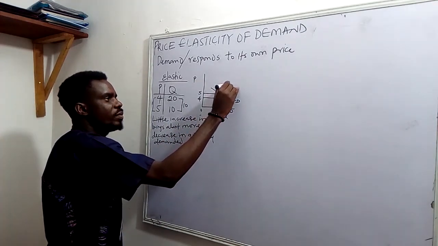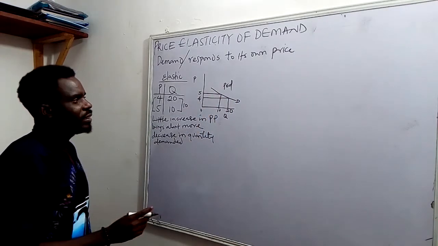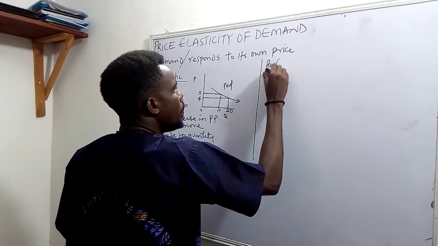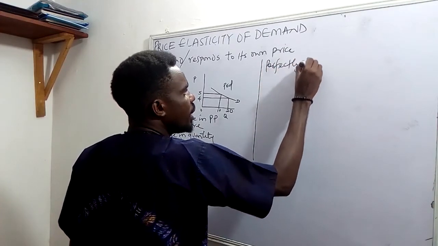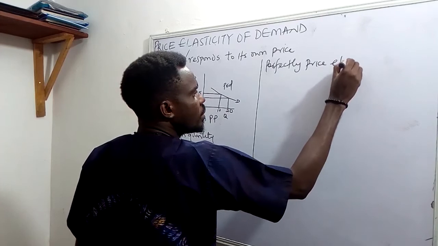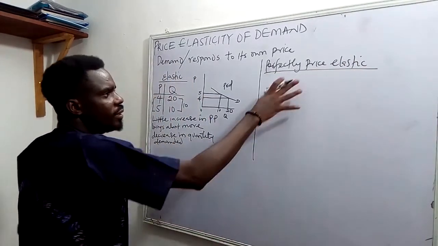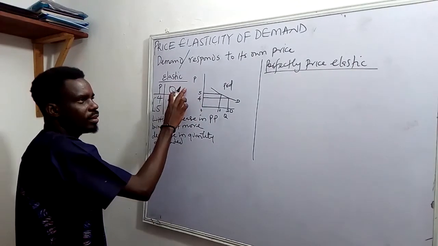This is the demand curve for a product that is price elastic. Now let us examine perfectly price elastic. This is the extreme case of elastic.